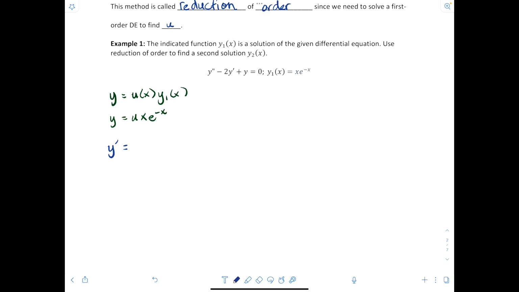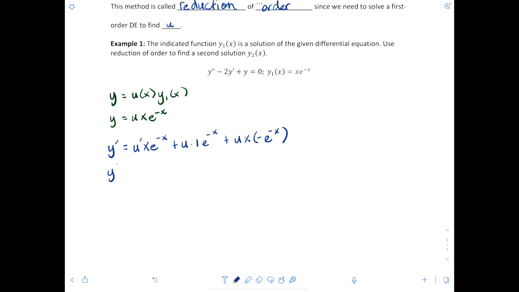y prime will be, if we have three factors, a sum of three terms where each one of them has been differentiated. So we'll have u' times x times e^(-x), plus u times 1 times e^(-x), plus u times x times negative e^(-x), just using that extended product rule.